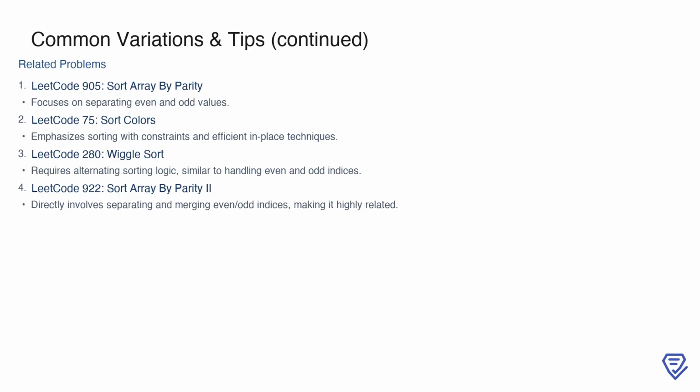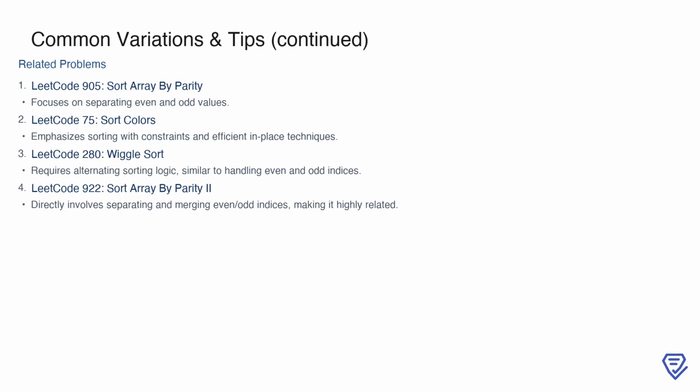understanding. For instance, LeetCode problem 905, Sort Array By Parity, focuses on separating even and odd values rather than indices. Similarly, LeetCode 75, Sort Colors, emphasizes sorting while adhering to specific constraints, often requiring efficient in-place techniques. Another related problem is LeetCode 280, Wiggle Sort, which involves alternating sorting logic, much like the alternating patterns for even and odd indices here.